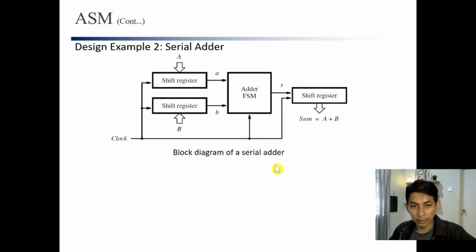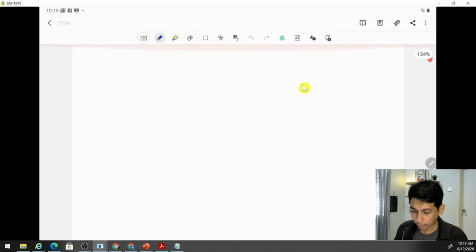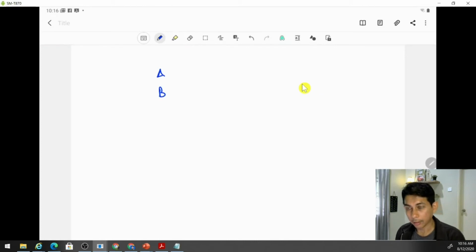So let's look at this. Before this, what we did to add the numbers is something like this. For example, we have two numbers A and B, each a 4-bit number, 0010 and 0001.